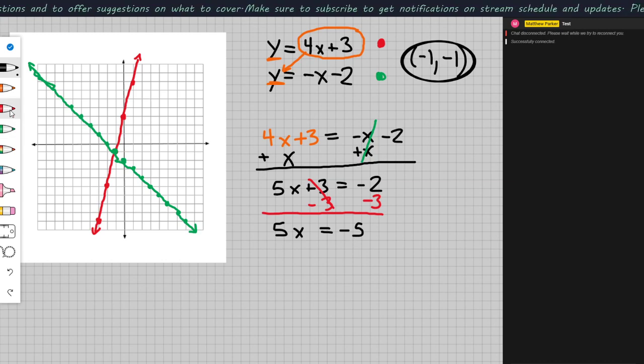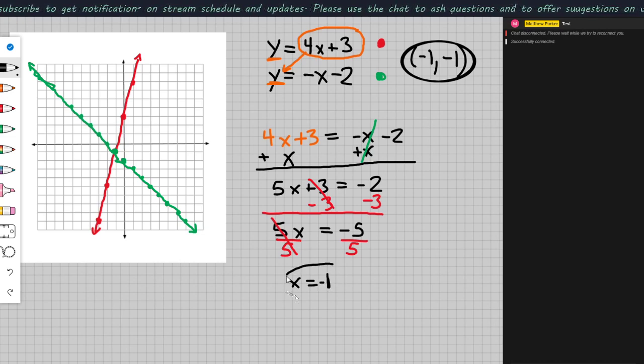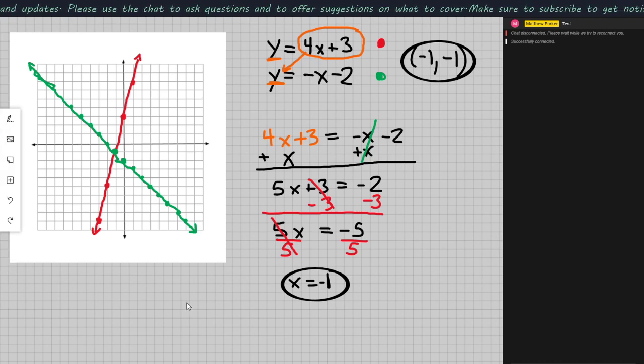Then we're going to divide both sides by 5. That cancels and becomes 1, and negative 5 divided by 5 is going to be negative 1. So there's the first part. We're not done yet, though. That only gave us our first coordinate, the x coordinate to be more specific. Because I don't need to look at this graph right now, I'm going to move over to solve for y.